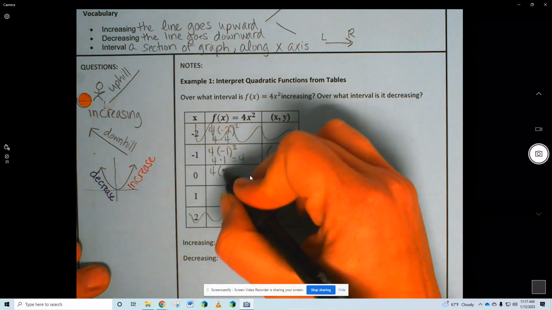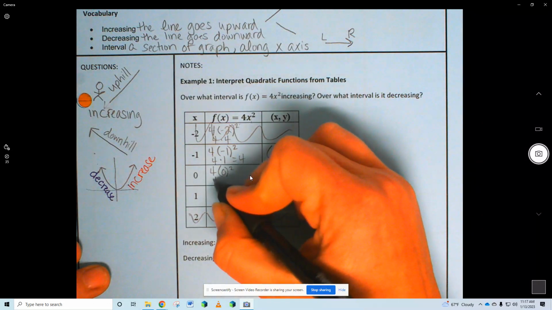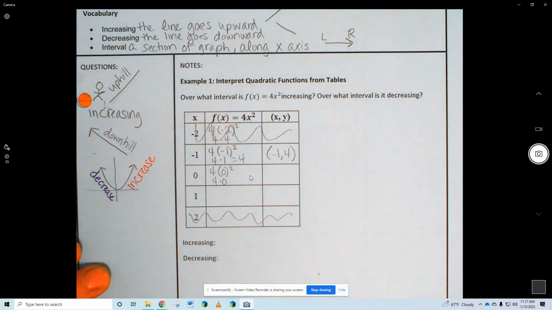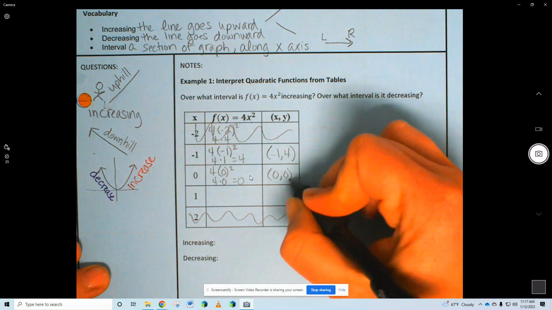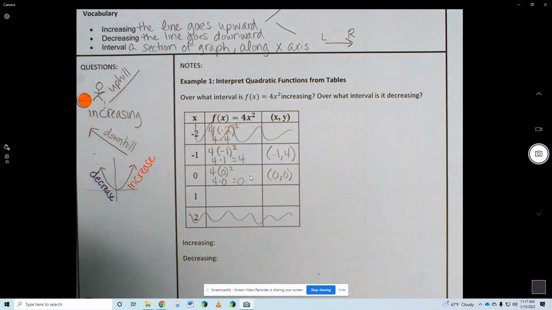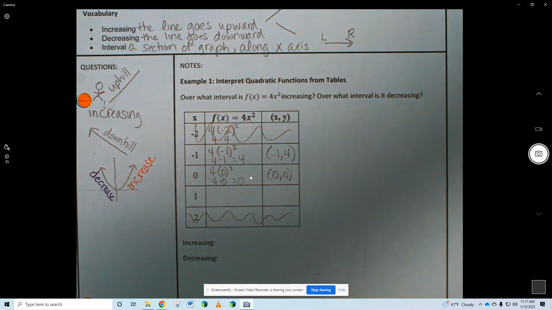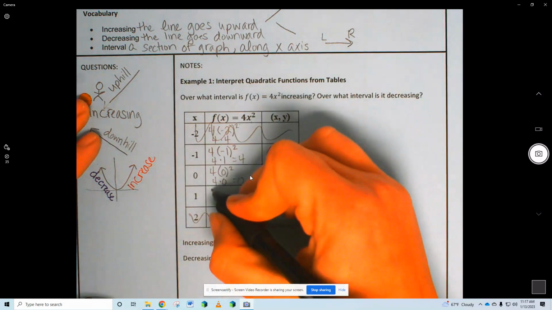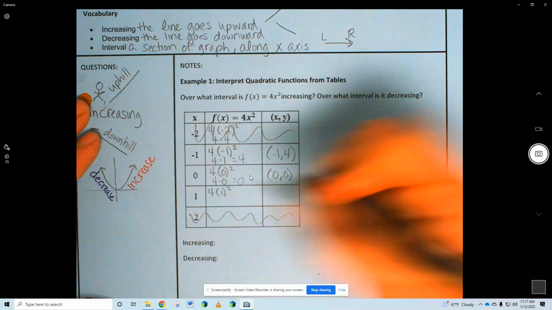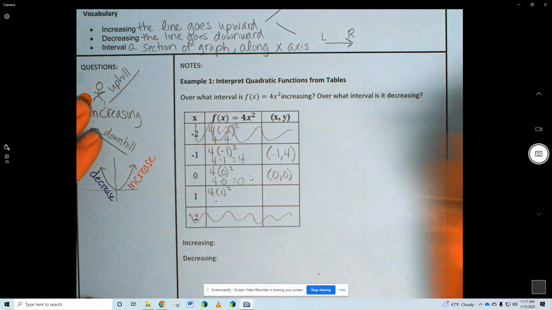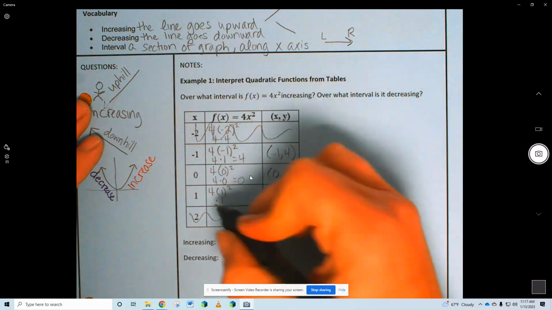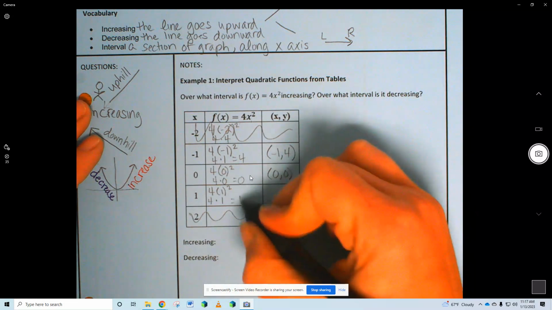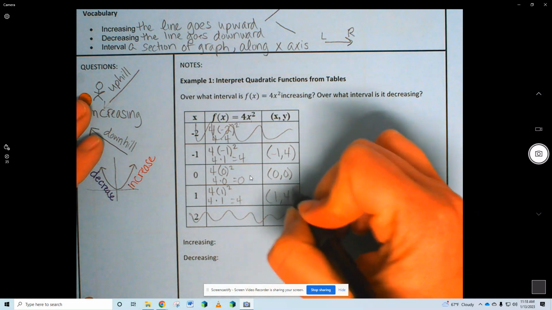4 times 0 squared. This ordered pair is 0, 0. And then 4 times 1 squared. 1 squared, do the parentheses first, is 1 times 4. 1 comma 4.